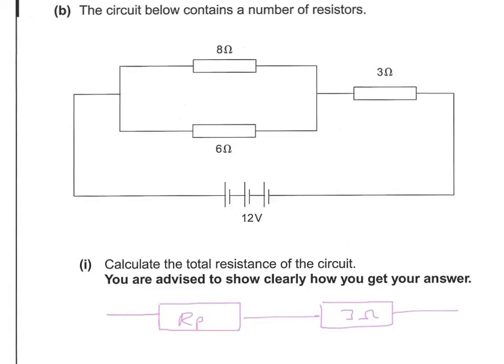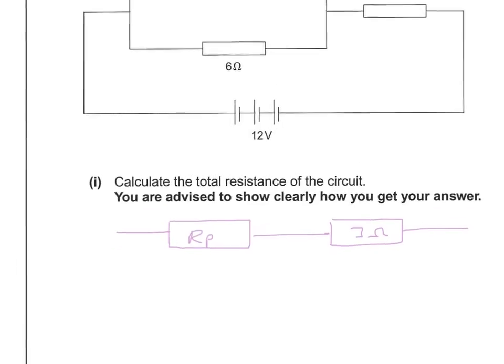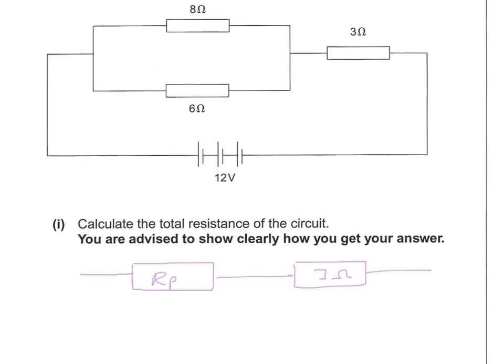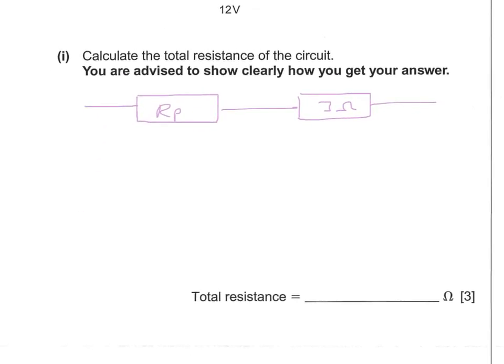So the first thing I would do is redraw the circuit as a parallel resistance, which we call RP for parallel, in series with the 3 ohms. So we're going to have to do a calculation for that 8 and that 6 to get an RP value.